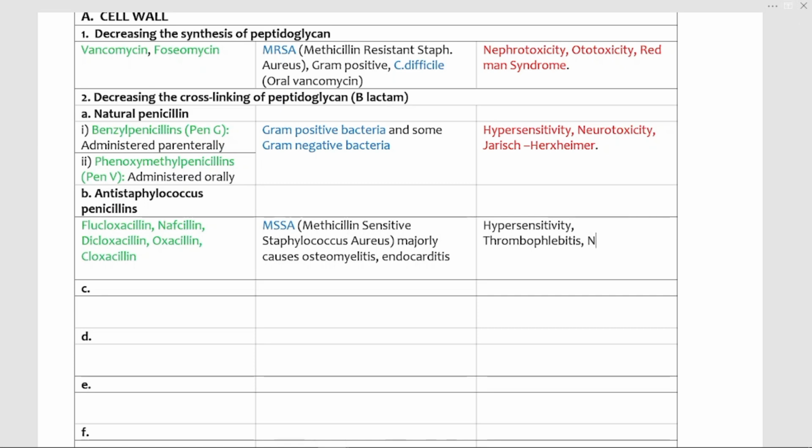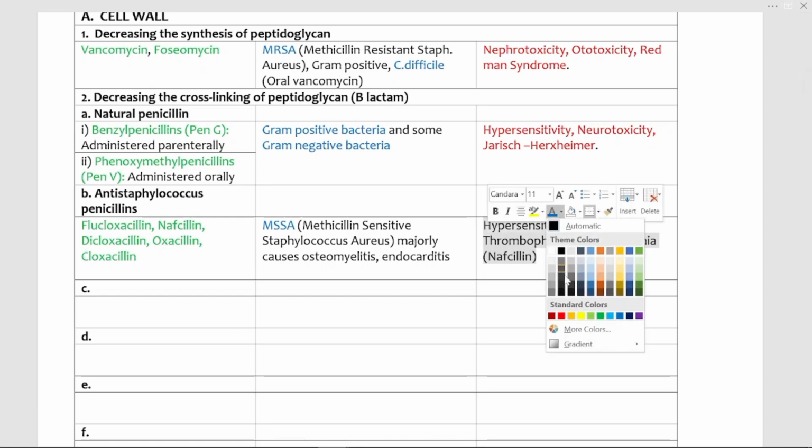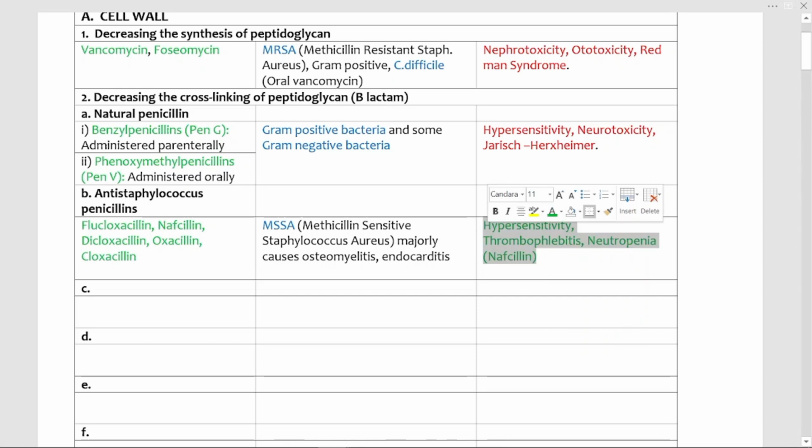We can also have neutropenia, but this tends to happen majorly when using nafcillin. The major culprit of neutropenia is nafcillin. So these are the three major side effects when it comes to using anti-staphylococcus penicillins. So that's all about the anti-staphylococcus penicillin.